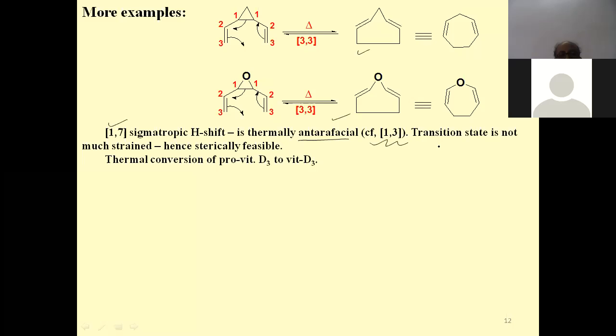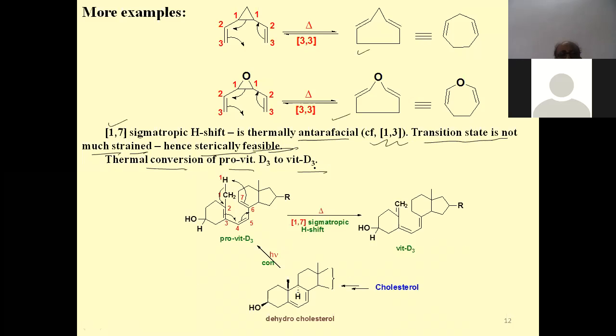So if we compare this one, the transition state is not much strained because of the big size, hence sterically feasible. And this is what we find in the conversion of provitamin D3 to vitamin D3, which happens in nature. You see here, this is provitamin D3.